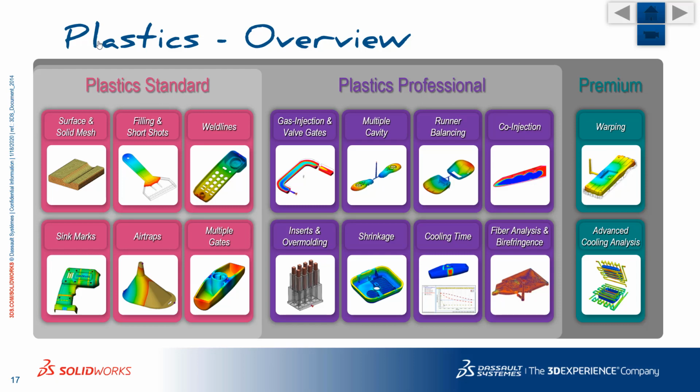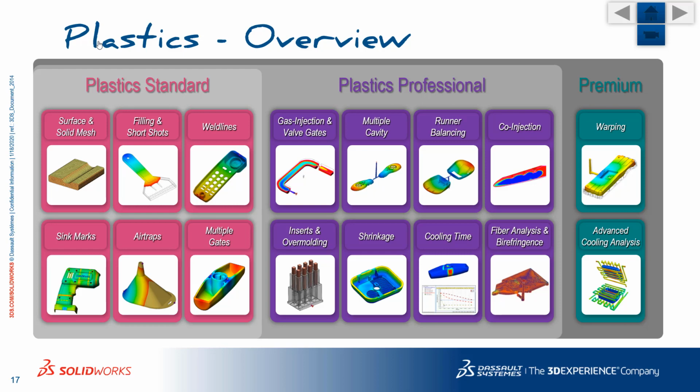Plastics standard is meant for someone who's designing a part to be injection molded. Plastics professional is for someone who's doing a lot of the mold design, the actual mold cavity design, the design of multiple cavities, understanding cooling time, runner balancing, things like that. And then premium is for someone who really needs to analyze the part through the injection molding process, and it includes warping and cooling. So let's take a look at each of these flavors.